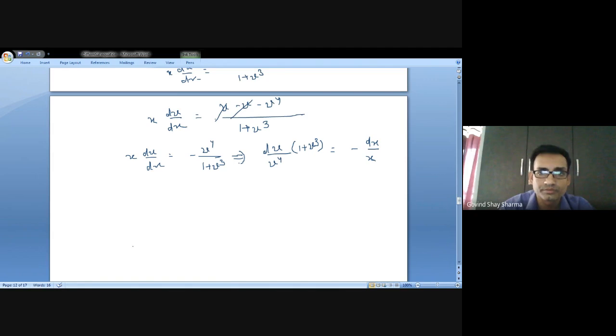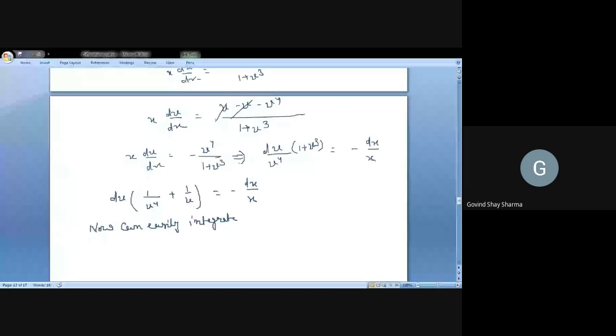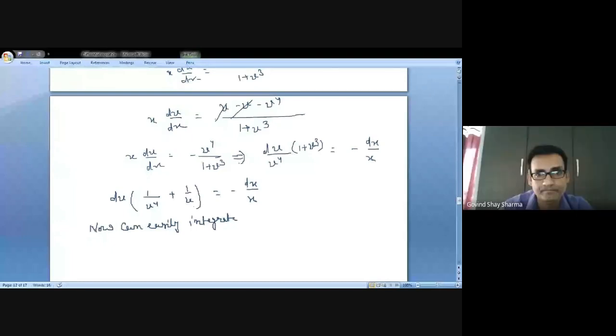Now dv times 1 upon v to the power 4 plus 1 upon v, and we easily integrate the equation.